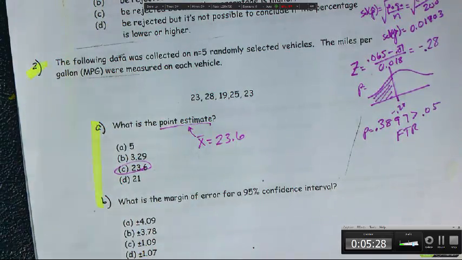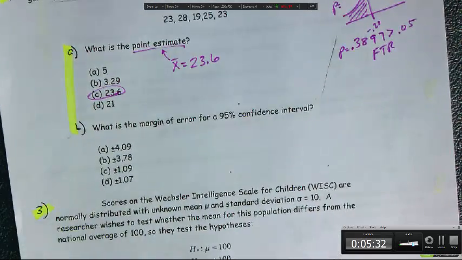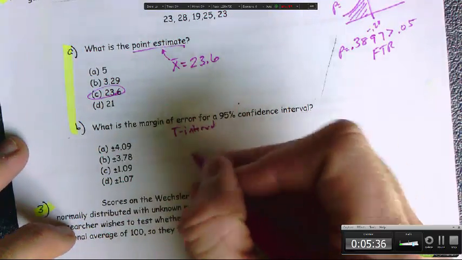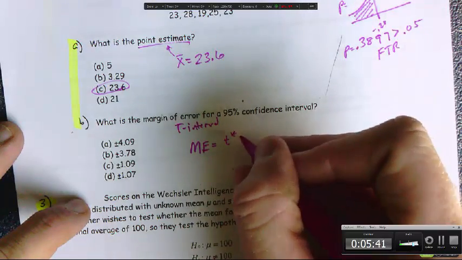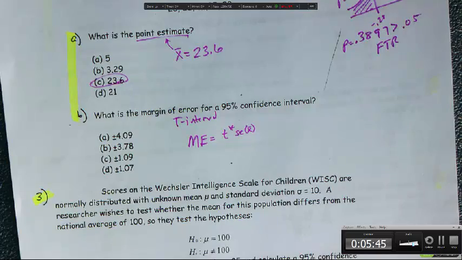If you were to run a confidence interval, would this be a T interval or a Z interval? It's a T interval. So this being a T interval gives us the margin of error formula is equal to T critical times the standard error of X bar. What kind of confidence interval are we trying to run?